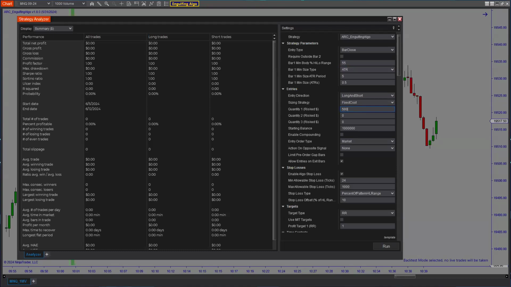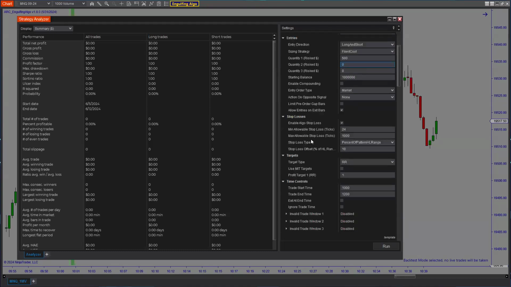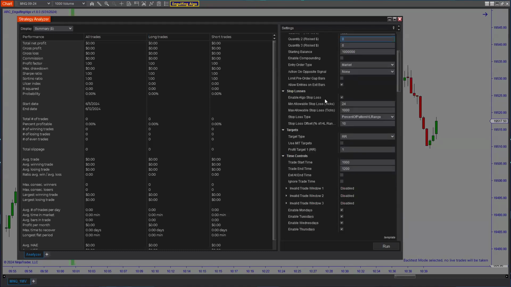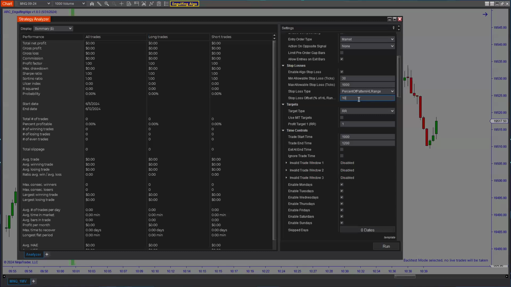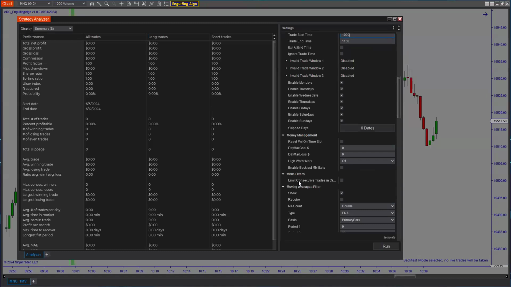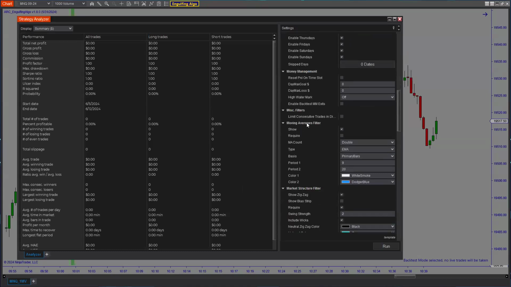Quantity, we'll just keep it at 500 to keep round numbers. Minimum allowable, let's do 30. And then stop loss offset, we'll keep it at 10. And let's see what we find. Let's go to 1150 just to be safe. And not too worried about that.